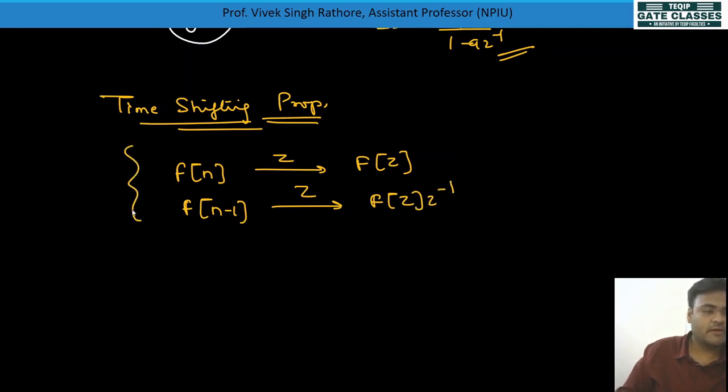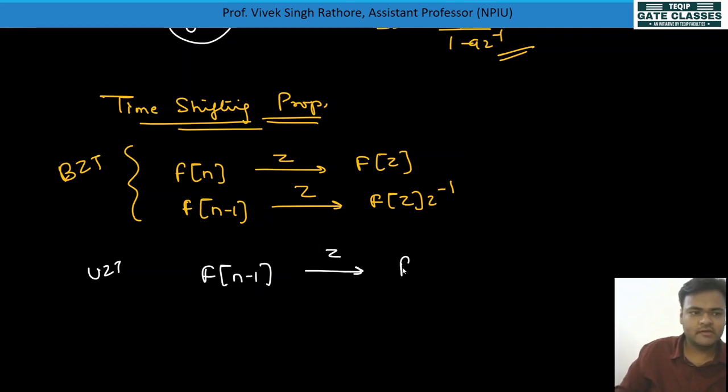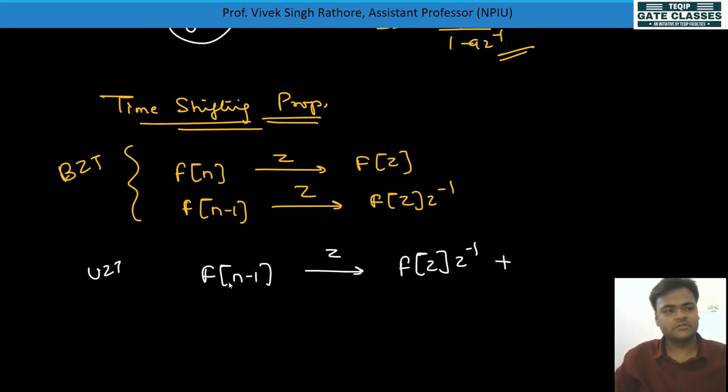This property we have seen for the bilateral Z transform, but for the unilateral Z transform, some initial value will also occur, because unilateral starts from n equal to 0, so the f of minus 1 value will also be taken.